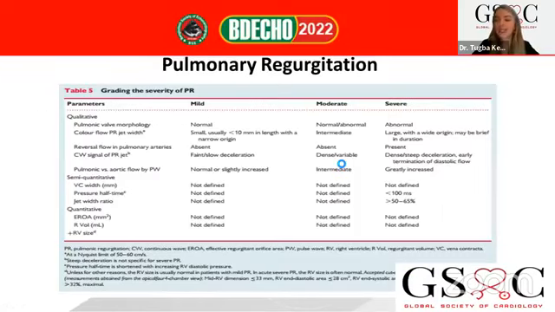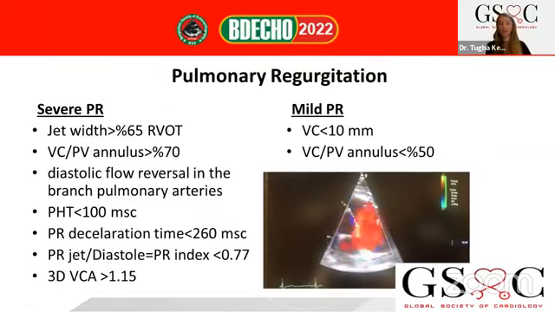Pulmonary regurgitation, I have 2 more slides. About pulmonary valve regurgitation, as you see in the table, many parameters are not defined. So we don't know much about pulmonary regurgitation. When I summarize all information, I can say that if the jet width is larger than 65% of the RVOT, we can say severe pulmonary regurgitation.